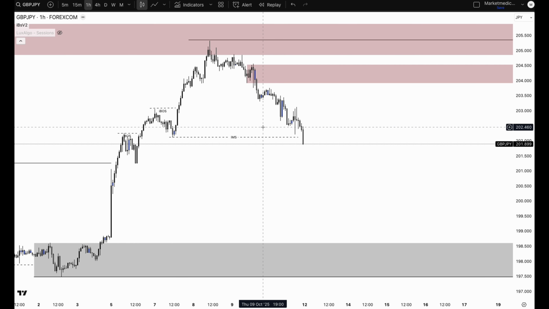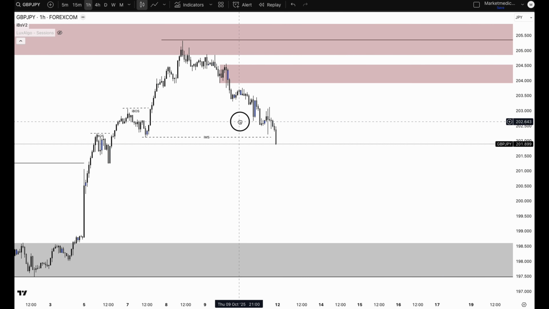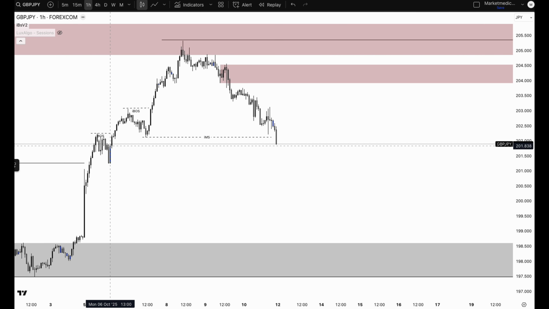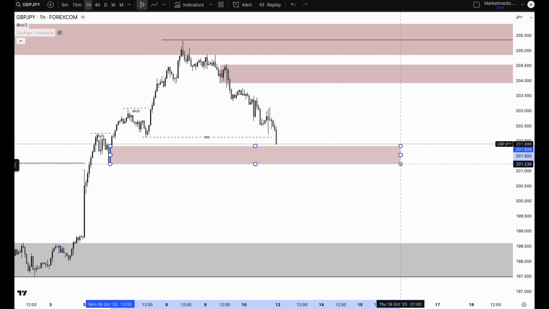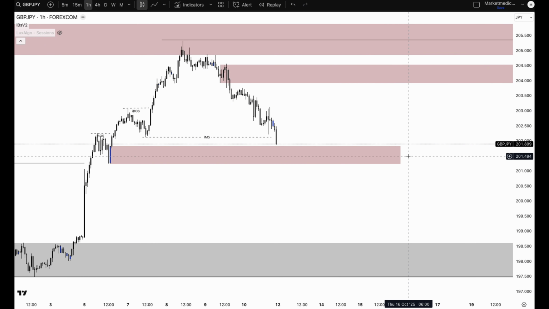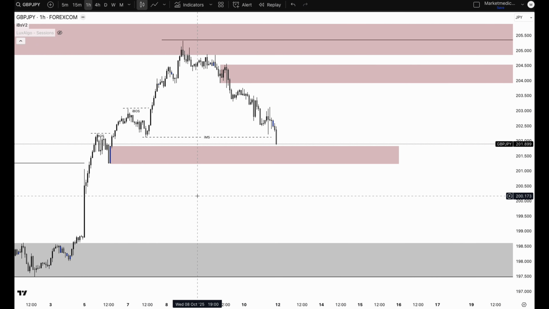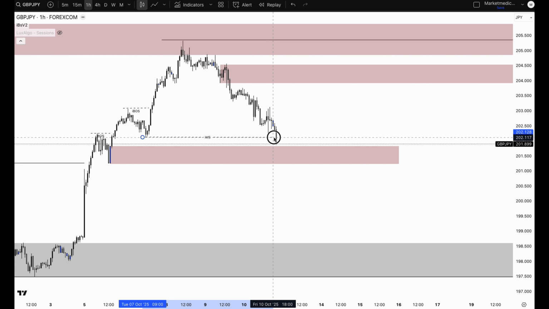So on the 1-hour, what can we see here? On the 1-hour, we can see that the market is trading to a demand order block, which can be found on the 1-hour time frame here. So for here, this is where we can start generating our trade ideas in terms of what is likely to happen next week.